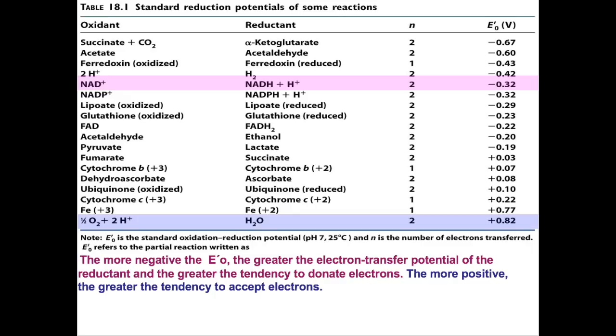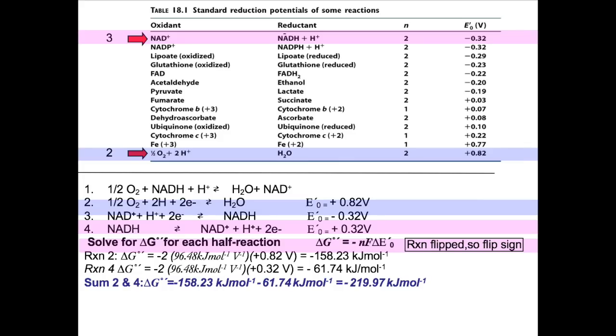And oxygen is at the very bottom of this table. It has an electron transfer potential of positive 0.82 volts, and so it has more of a tendency to be reduced. So for every redox reaction, you have a reactant that's going to be oxidized and one that's going to be reduced.